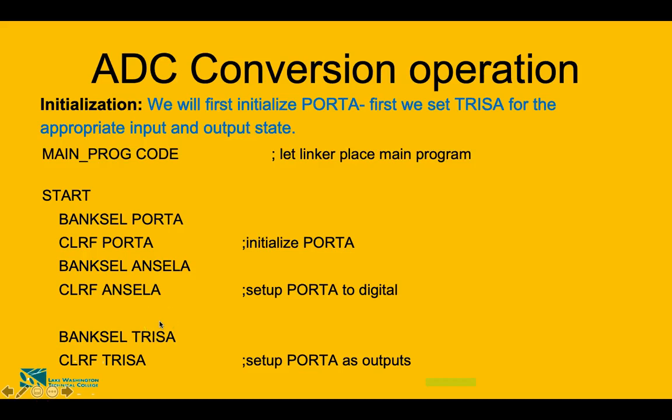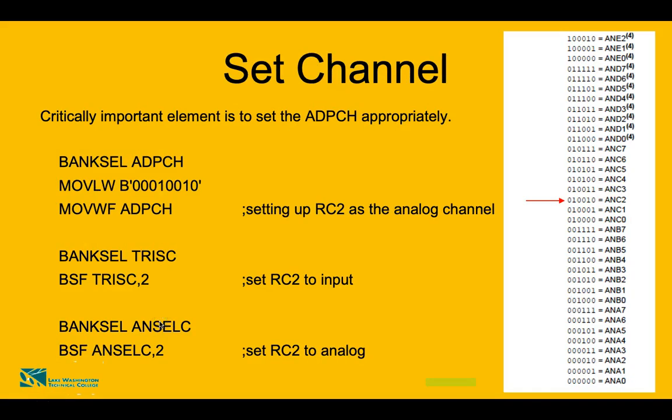And then comes the critical part, which is the channel selection. And you will be using the ADPCH register. So you will use first BANKSEL ADPCH, because this particular register lies in, I think, bank 1. So you can check that again from the data sheet, which bank it lies on.